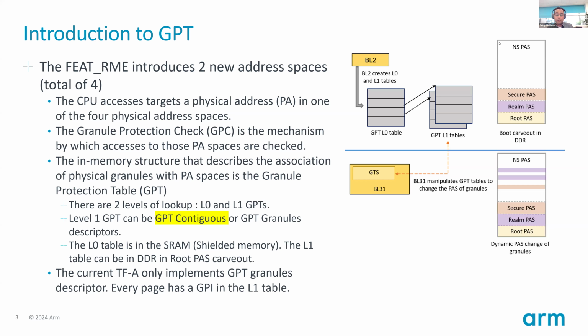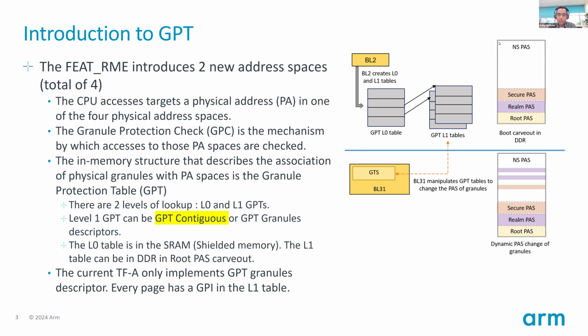BL2 creates these boot carve-outs as part of its booting process. Then at runtime, BL31 retains the carve-outs that BL2 has created, and depending on the requests received at runtime, BL31 will manipulate the L1 table to change the permissions so that addresses are now restricted to particular PAS, either realm or secure.